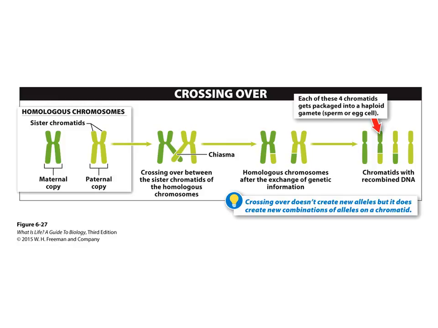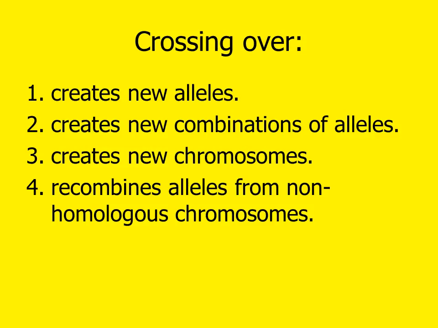So crossing over doesn't create new alleles, but it does create new combinations of alleles. I want you to know that part. Okay, so it does not create new alleles, so number 1 is wrong. It does create new combinations of alleles, so number 2 is correct.